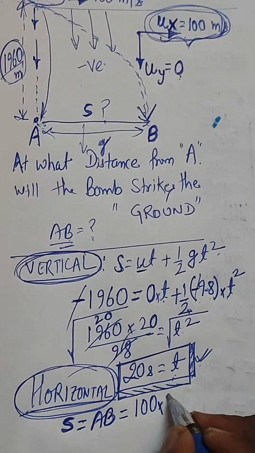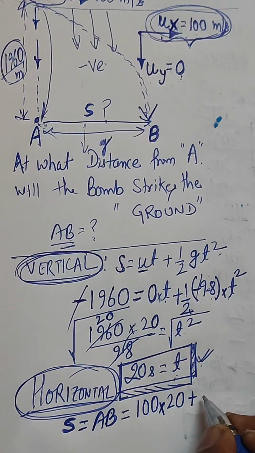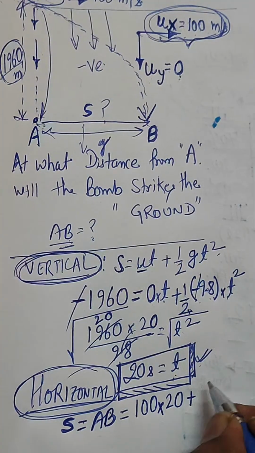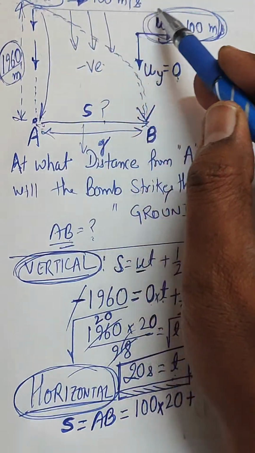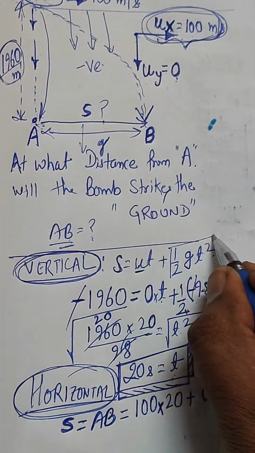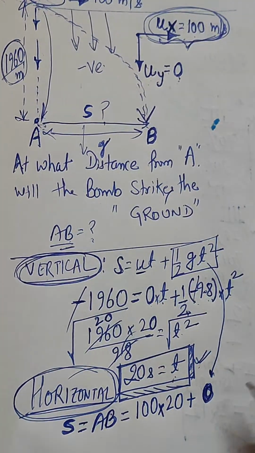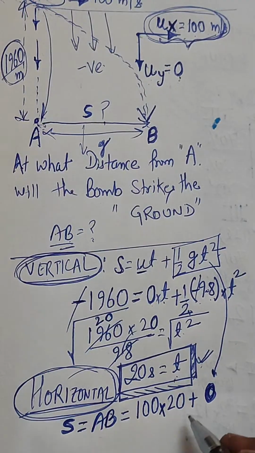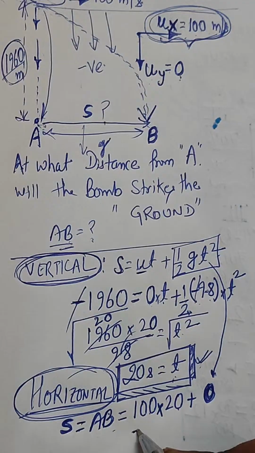The value of t is 20, plus half gt square, but the acceleration in the horizontal component will be 0. So that's why the component of half gt square over here is equal to 0, right? So this will give you 100 into 20, which is equal to 2000.